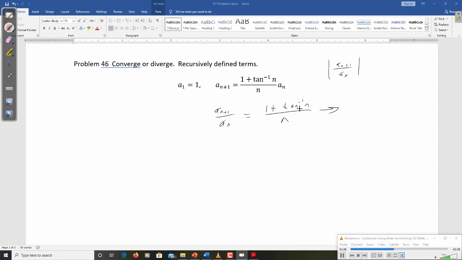And then as n goes to infinity, inverse tangent goes to pi over 2, so this goes to 1 plus pi over 2, and of course this is going to infinity, so this is going to 0. That's less than 1, so converges absolutely.